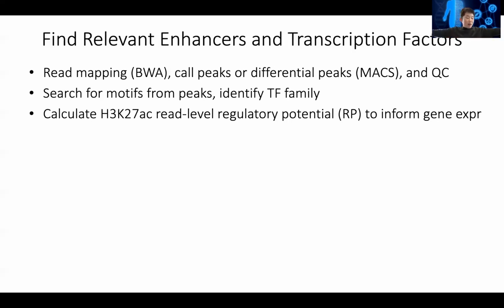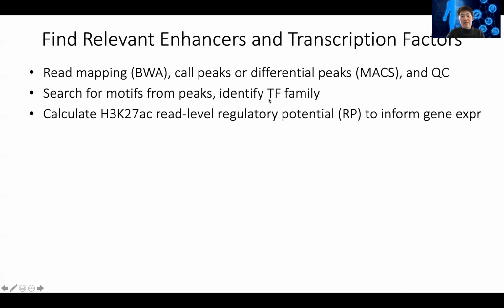And also if there are nearby signals of K27 acetylation, that also indicates that there are strong transcription factors binding to the nearby regions and they help to promote the expression of this gene. And so using this approach, you can sometimes guess which genes are active.